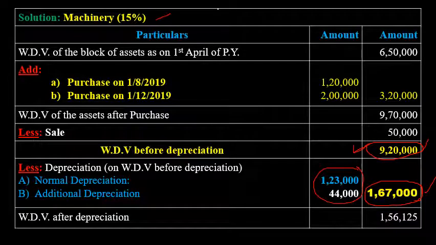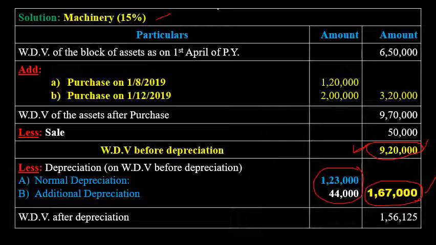So normal depreciation as well as additional depreciation is applicable. Normal depreciation is applicable for all classes of assets. There is no exemption. It is applicable for all classes of assets, tangible as well as intangible. Whereas additional depreciation is applicable only for plant and machinery, that too purchased in the previous year.